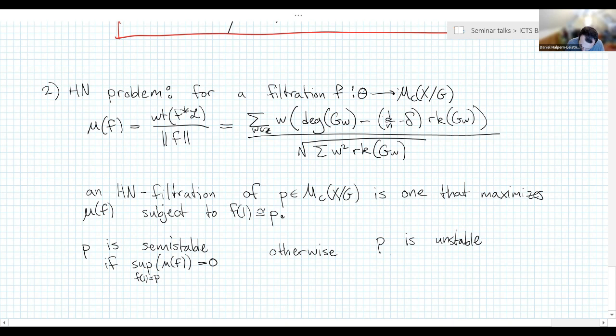And the question is, do HN filtrations exist, and are they unique? There's existence and uniqueness.